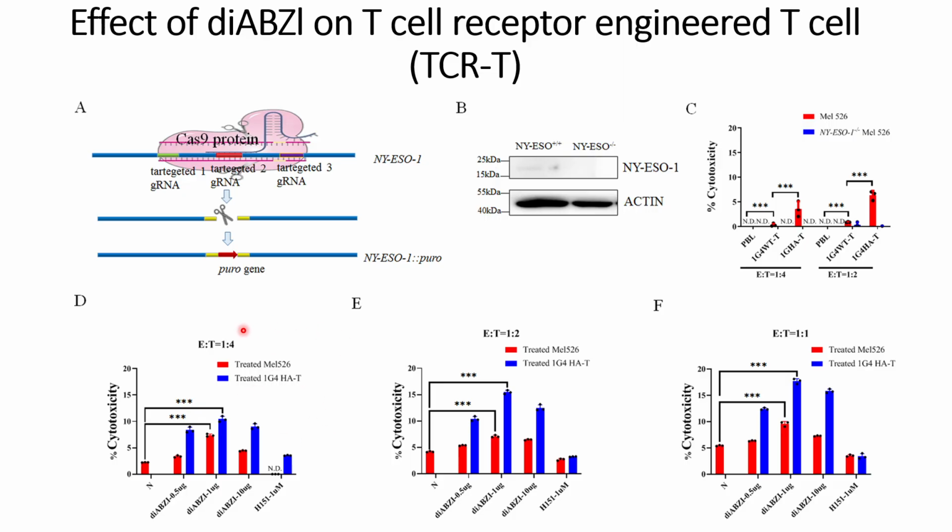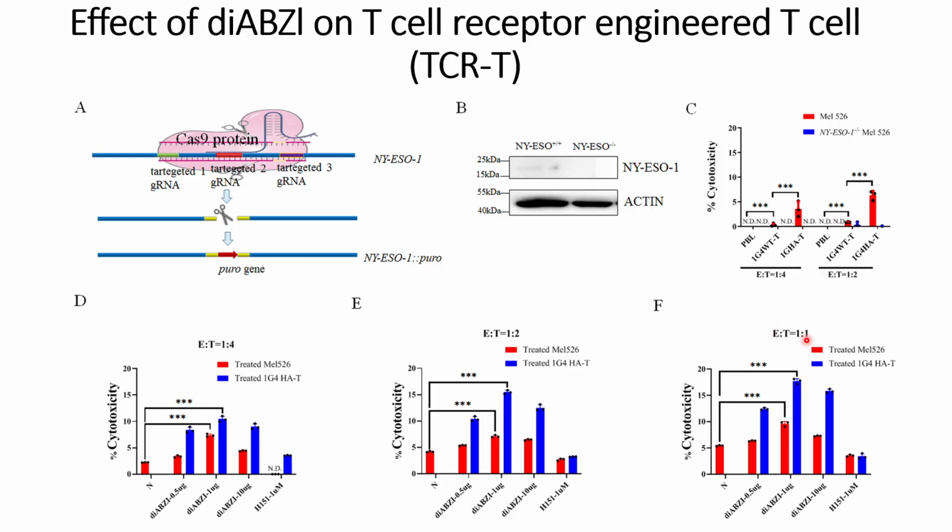With DiaBZl concentrations of about 10 microgram, even with an increase in the effector cells under the same conditions, we see a reduction in the cells' cytotoxicity compared to the case where DiaBZl is used at 1 microgram in all three cases. So from this experiment, they are able to find the optimum condition for DiaBZls to increase the engineered T cells' cytotoxicity against the tumor cells, that is 1 microgram.